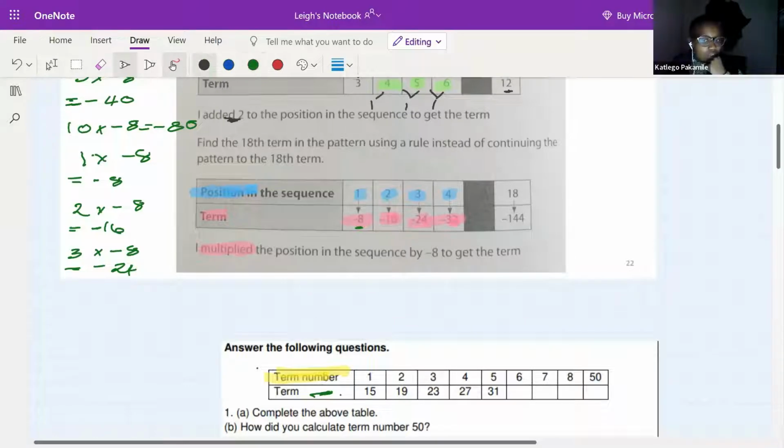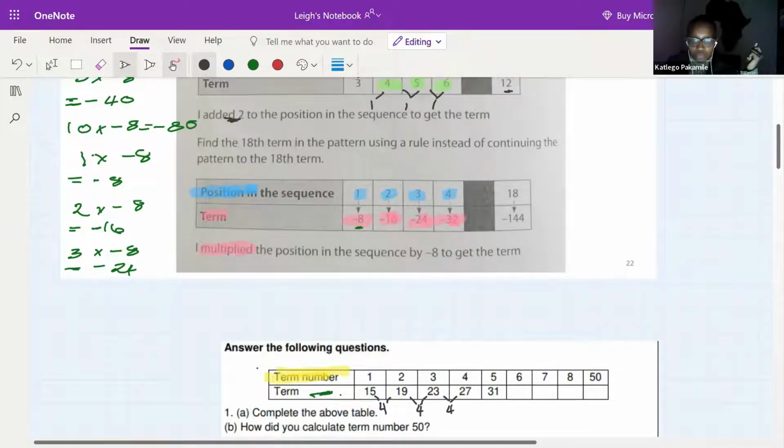Are you sure? So 15 plus what gives you 19? 4. Yes. 19 plus what gives you 23? 3. No, try again. 4. There we go. So we're adding 4 each time, right? Yes, ma'am. 23 plus 4 gives you 27.